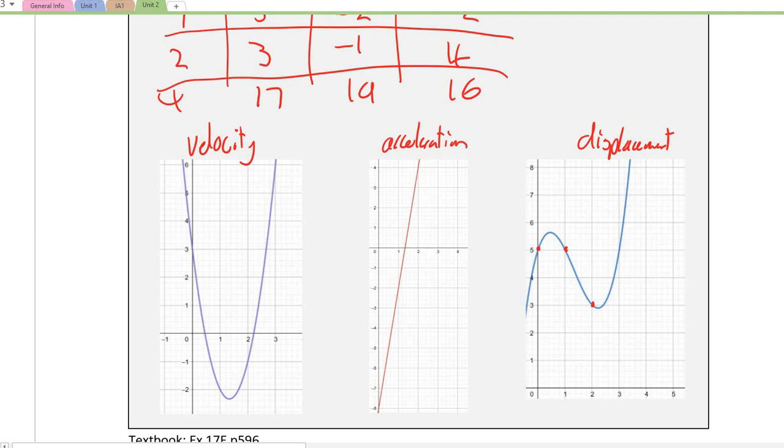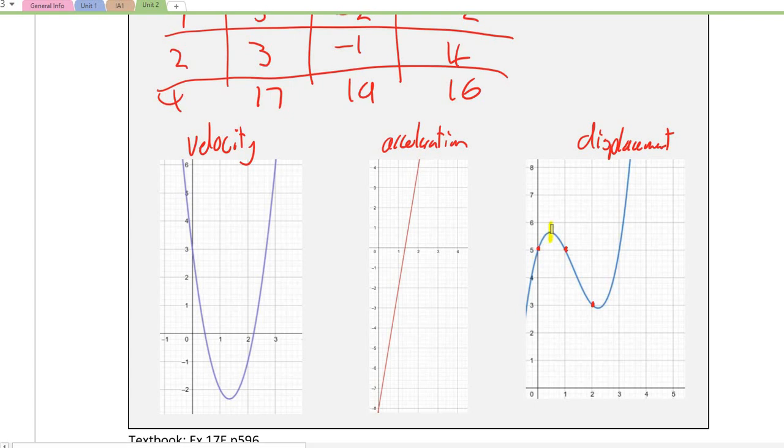Now, something I want to point out, guys, can I get you to just look at displacement and velocity for a second? Where does displacement have its first turning point in that function? A half, you mean x equals a half, so about there.